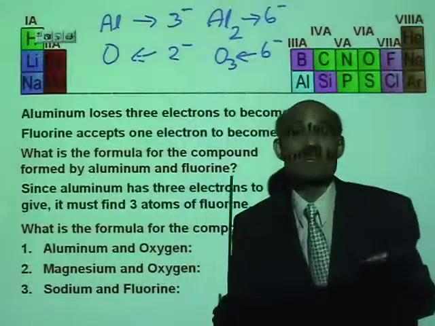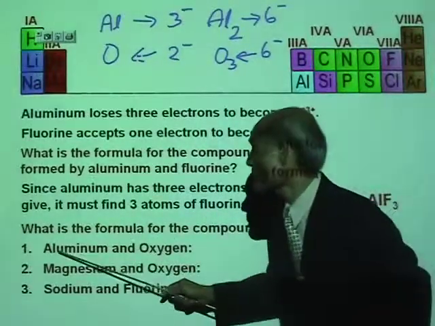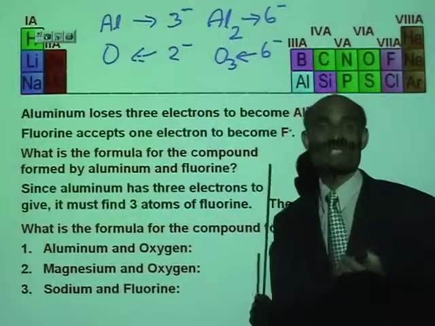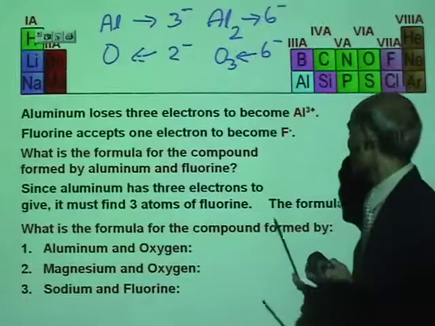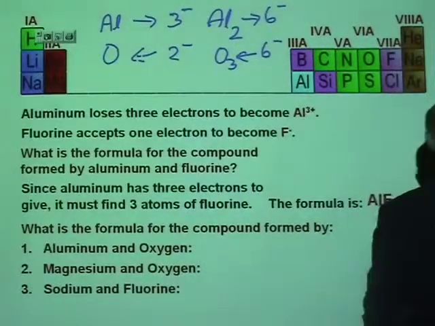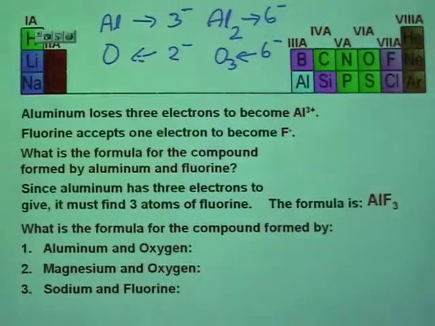So what is the chemical formula formed by aluminum and oxygen? It will be Al2O3. So I'm going to write that formula here for you. The formula for aluminum oxide is Al2O3.